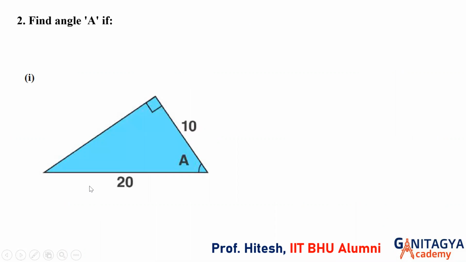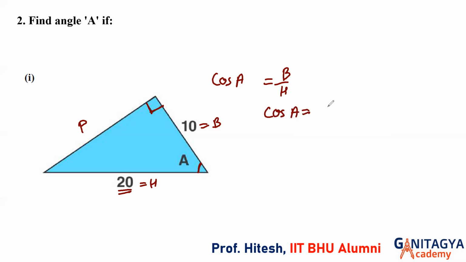The next question is we have to find the angle. This is 90 degree and this is angle A. Opposite to 90 degree we have the hypotenuse. Opposite to the angle is the perpendicular, and the remaining one is the base. So base upon hypotenuse is cos theta, which means we have cos A. So cos A is equal to base upon hypotenuse, 10 upon 20, that is 1/2.